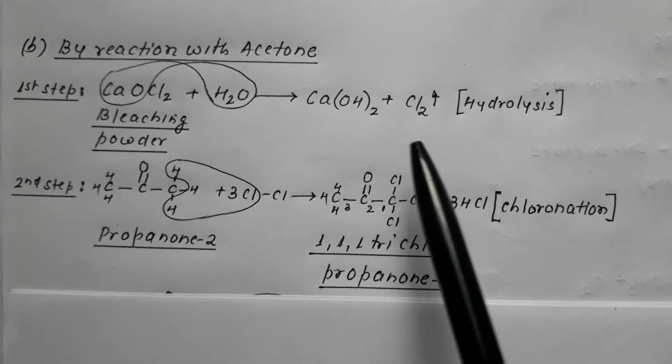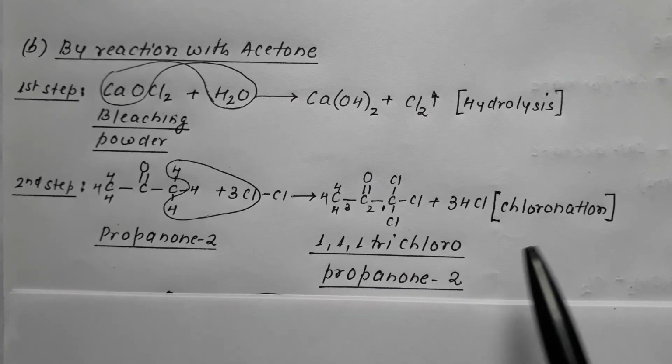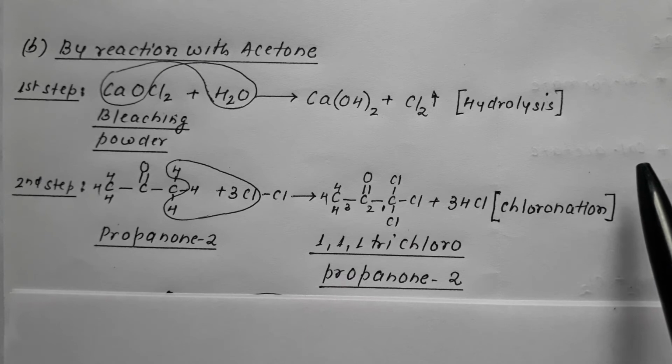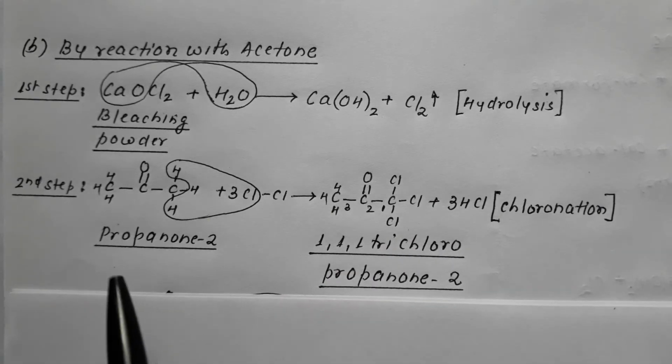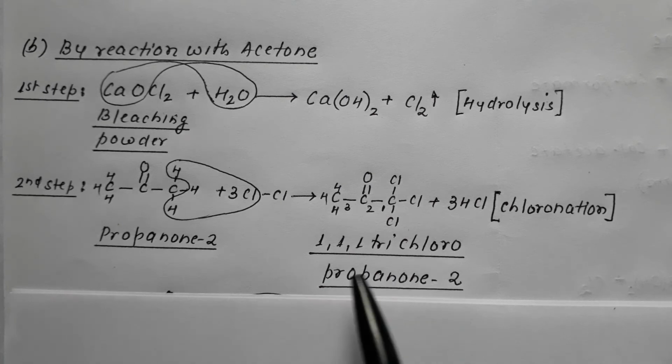So over here, the first step is hydrolysis. The second step is chlorination. Oxidation is not there as in the previous method. Second step is reaction of acetone with chlorine to produce 1,1,1-trichloropropanone-2, which is chlorination. Now comes the third step.